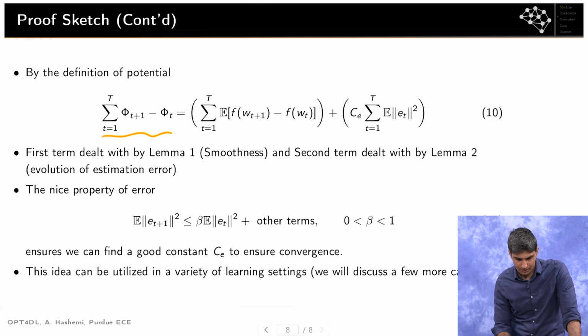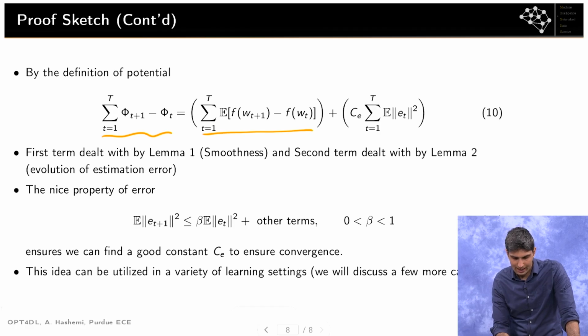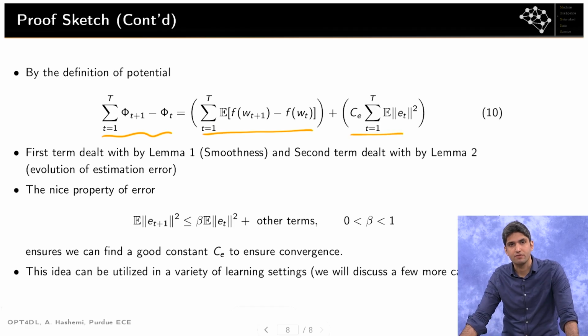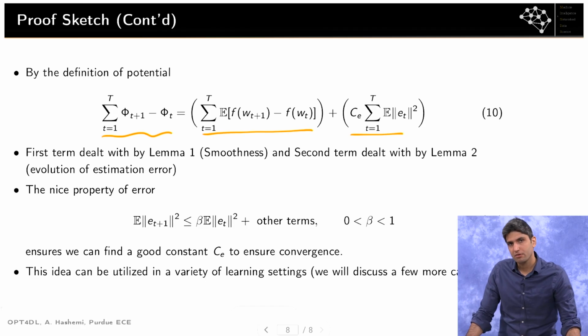sum. Okay. So again, using the form of our potential function, there are two terms here. One term is the sum over the differences of two consecutive parameters' loss, and the other is the accumulation of the gradient estimation error. Now, we established two lemmas when we analyzed SGD with momentum.